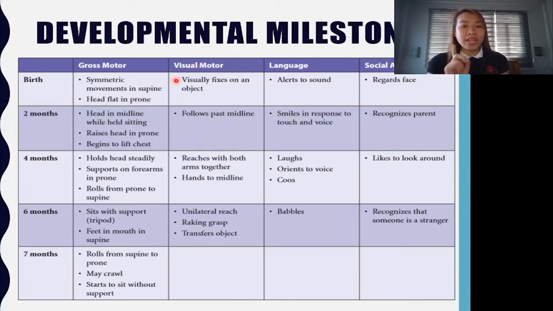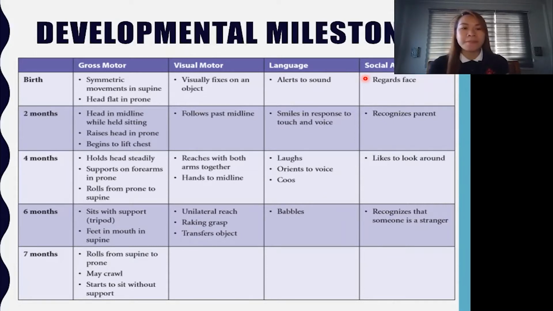Visually, they fix on an object that is near to them, about 1 foot away, and they are alert to sound. So if they hear a loud sound, they wake up, or they look, or they direct their attention to that sound. And for social adaptive skill, they regard the face. That's why their favorite face at that time is the face of the mother, because that is what they usually see.